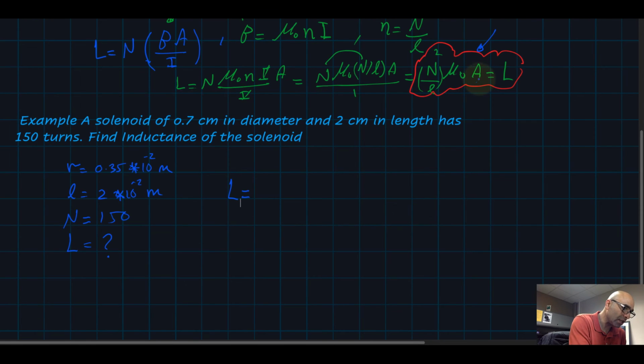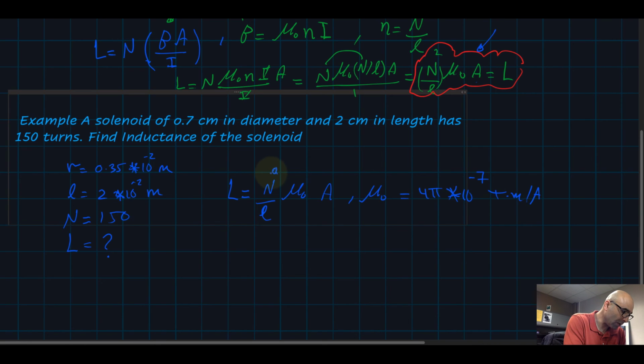So L is equal to N squared divided by L times mu 0 times A. Mu 0 should be given to you, and it's equal to 4 pi times 10 to minus 7 Tesla meter per amp. I think we have everything.